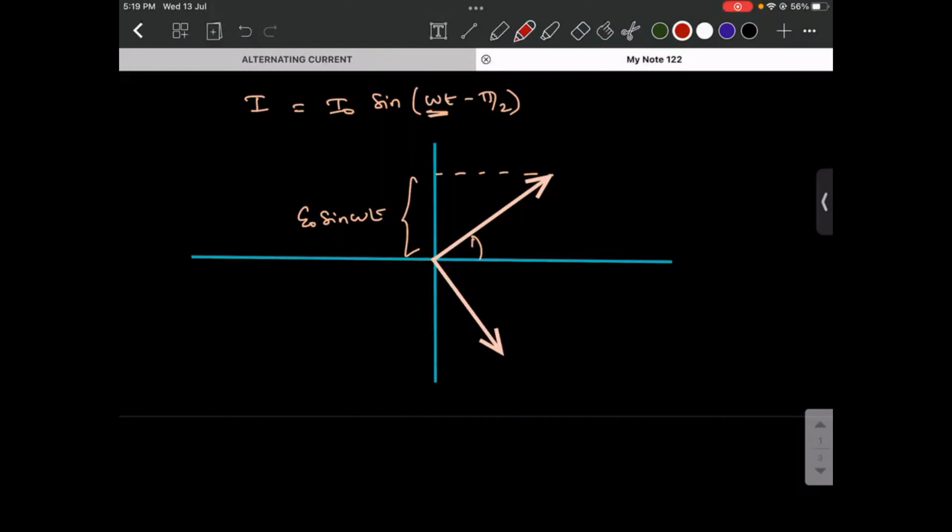So this value is omega t. This whole angle is pi by 2, right? So what will happen is this angle will be omega t minus pi by 2. So when you drop a perpendicular here, this will be I naught sine of omega t minus pi by 2.